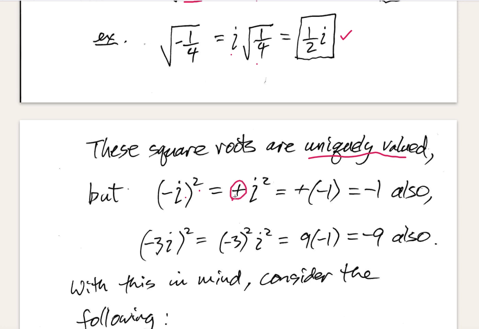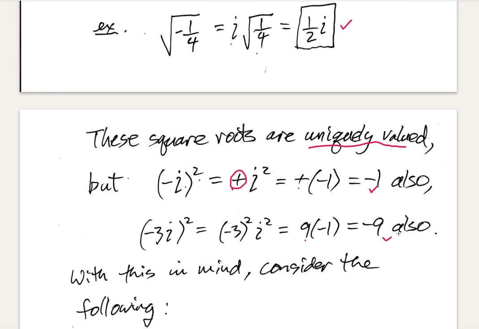A negative squared is a positive. So it should be i squared, and i squared is -1. So (-i) squared is also -1. Likewise, if I have -3i, that would be (-3) squared times i squared. (-3) squared is 9, and 9 times -1 is -9 also.